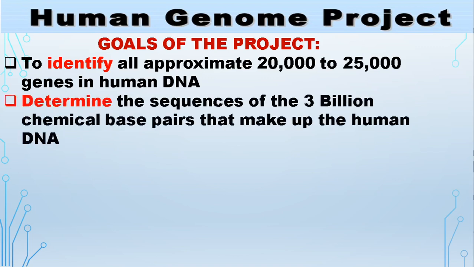Secondly, the goal was to determine the sequences of all the 3 billion chemical pairs that make up the human DNA. Human DNA is said to be made up of 3 into 10 raised to 9 base pairs. That means 3 billion chemical base pairs.